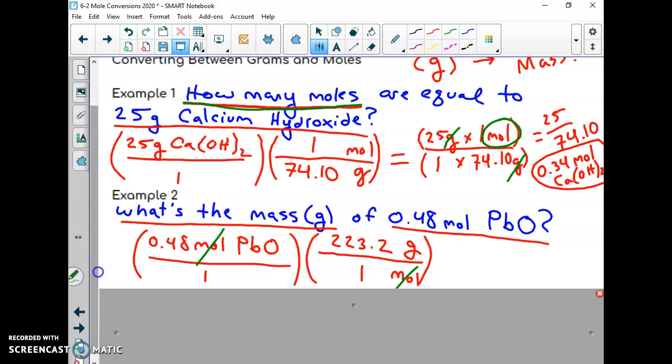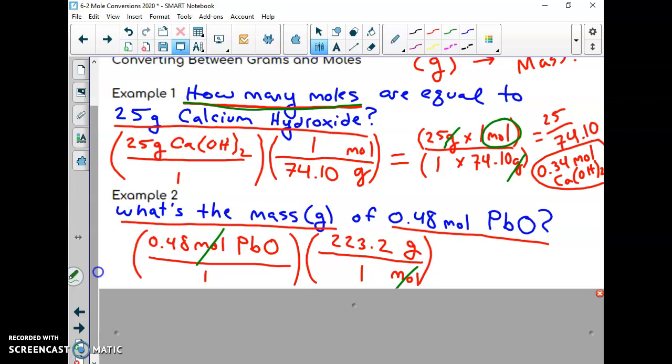So in this case, our sample is 0.48 moles. It is less than 1 mole. Well, based on the molar mass, 1 mole is worth 223.2 grams. So we should expect a number that's going to be smaller than 223.2 because we don't have 1 mole's worth. We have a fraction of a mole, 0.48.